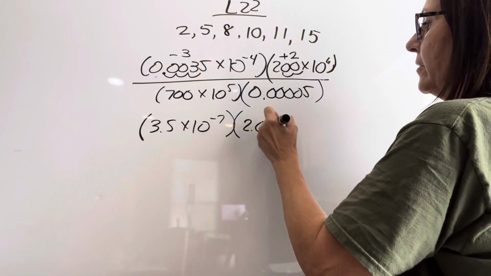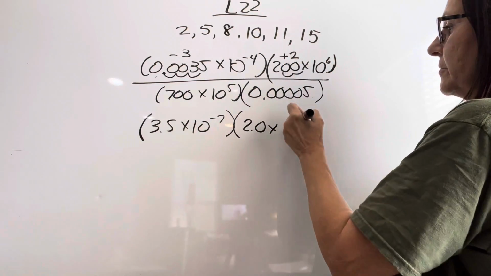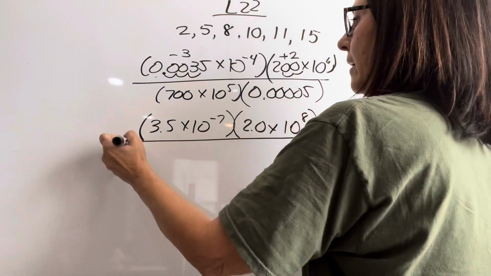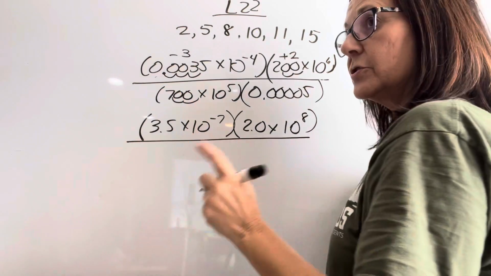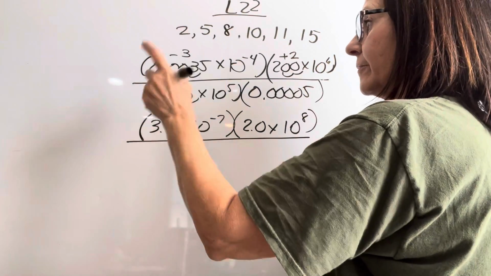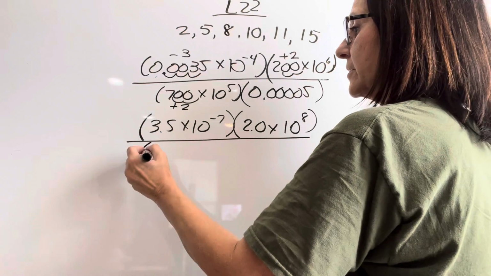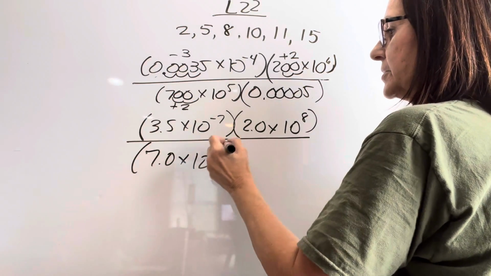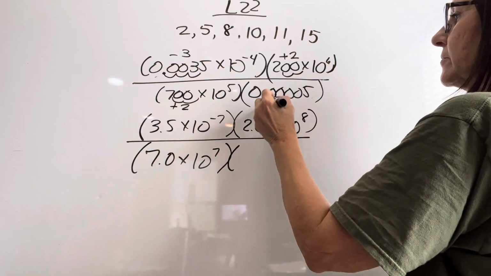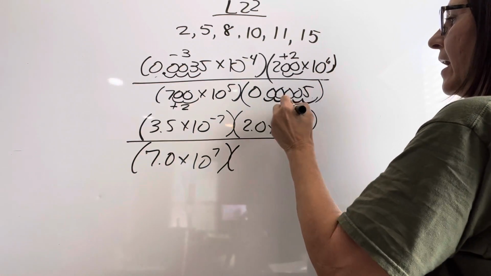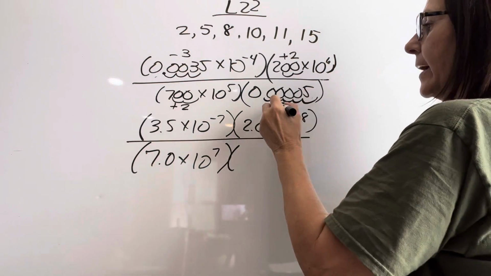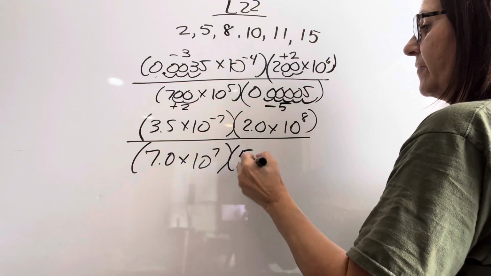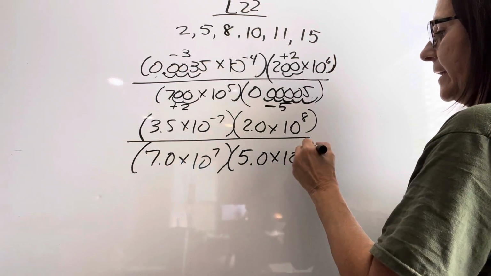So it's 2.0 times 10 to the 6 plus 2, which is 8. Over, I move this one 2 to the left, which is positive. So that's 7.0 times 10 to the 5 plus 2, which is 7. And I'm moving this one 1, 2, 3, 4, 5 to the right, which is negative. So it's 5.0 times 10 to the negative 5.